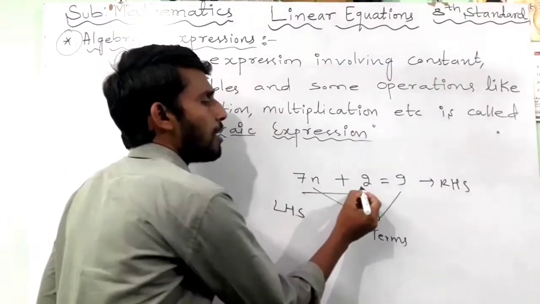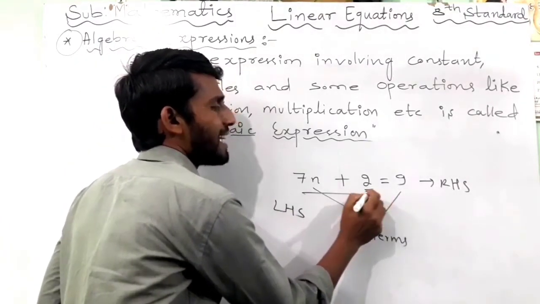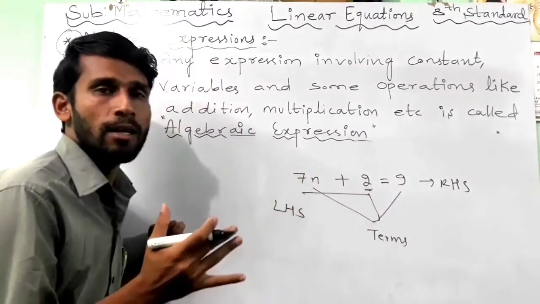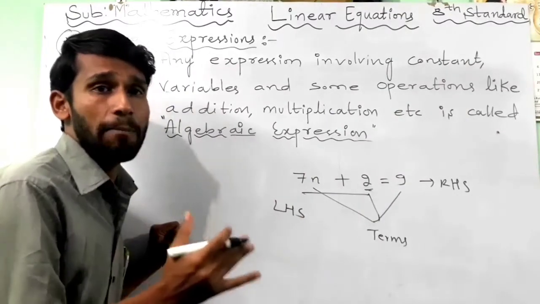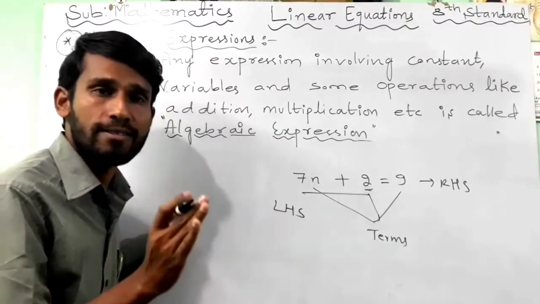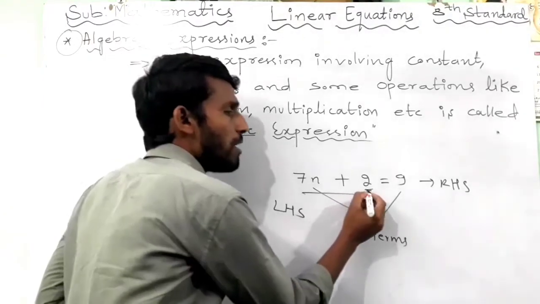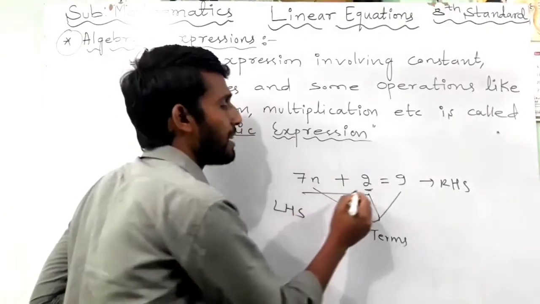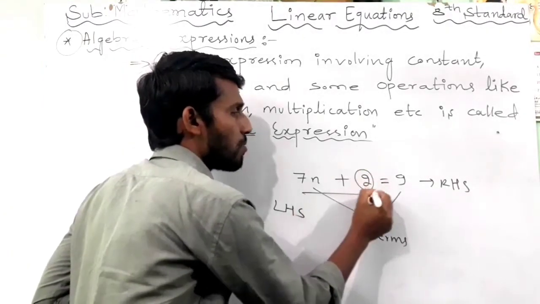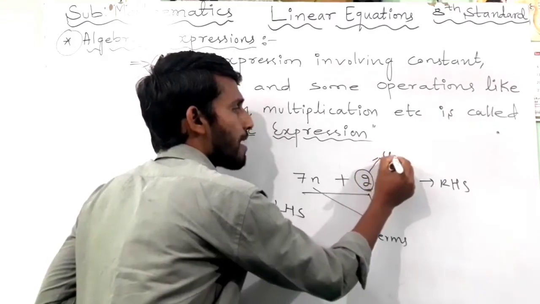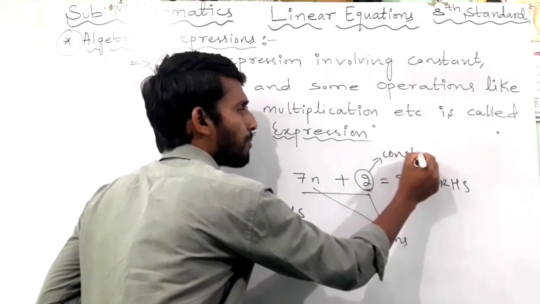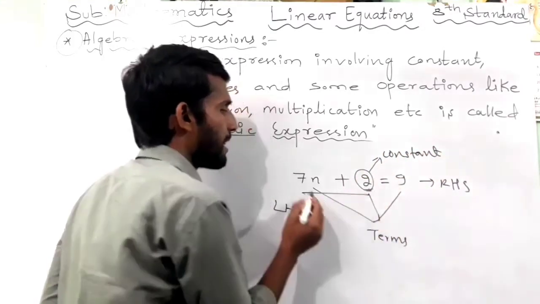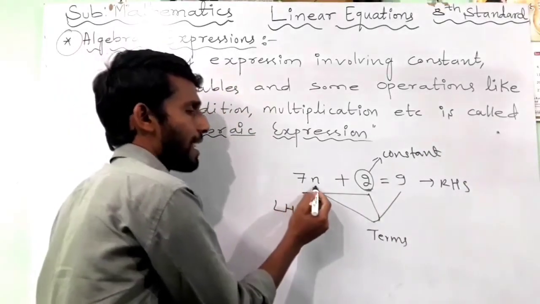Here 2 is the constant. There are no variables. If a variable is present, that is not a constant. If it is only a single number, that is a constant. This is the constant.